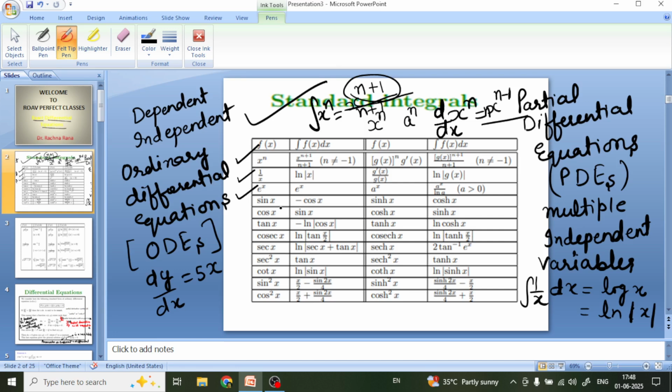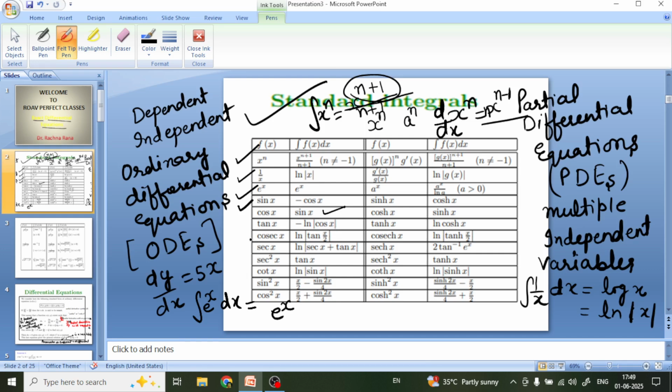Now the next standard integral: integration of e raised to power x is e raised to power x, no change. Integration of sin x is minus cos x. Integration of cos x is sin x. Integration of tan x is minus log modulus of cos x; this symbol is the modulus symbol.